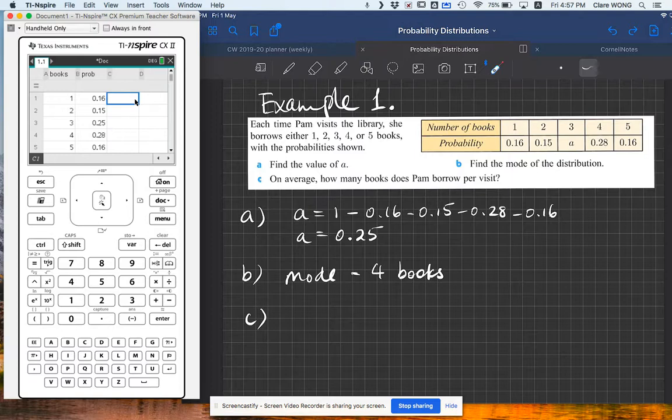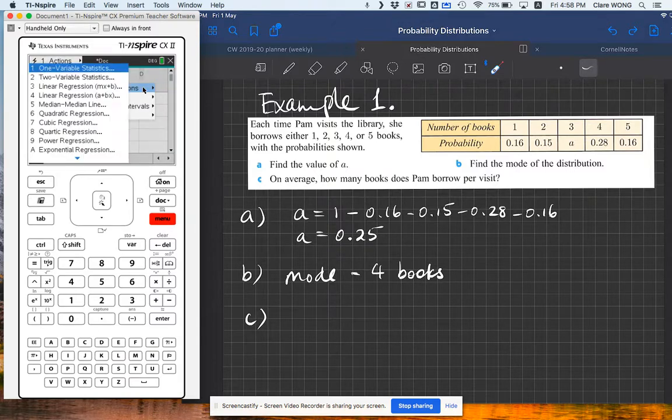Like I have mentioned before, this is quite easy, just using the calculator to calculate the mean. You need to go to stat calculations, so menu, statistics, stat calculation. It is one variable stats. Although you have 2 columns, it is only about the number of books.